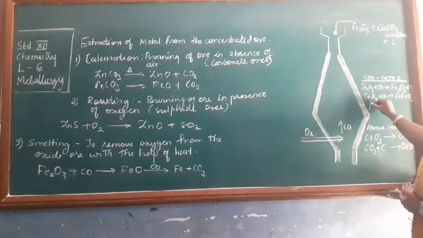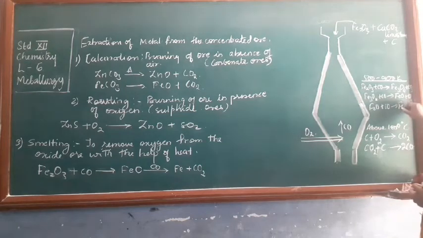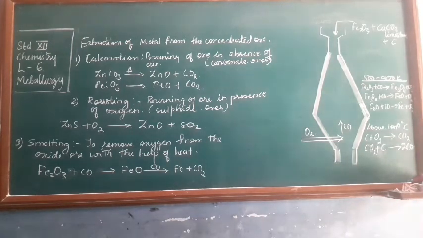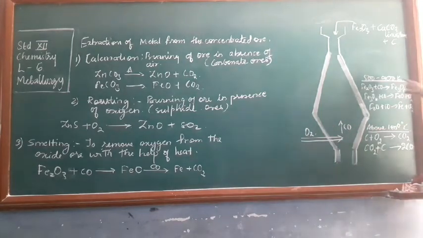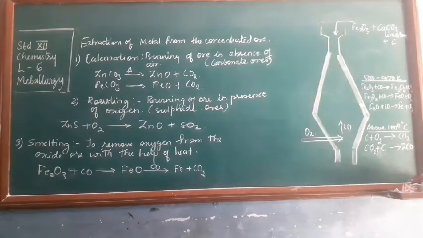And then FeO plus CO gives you Fe plus CO2. These are the reduction reactions occurring in the temperature range between 500 to 900 Kelvin.